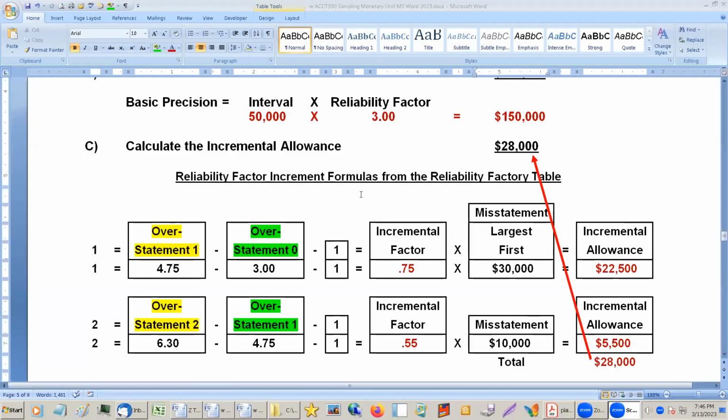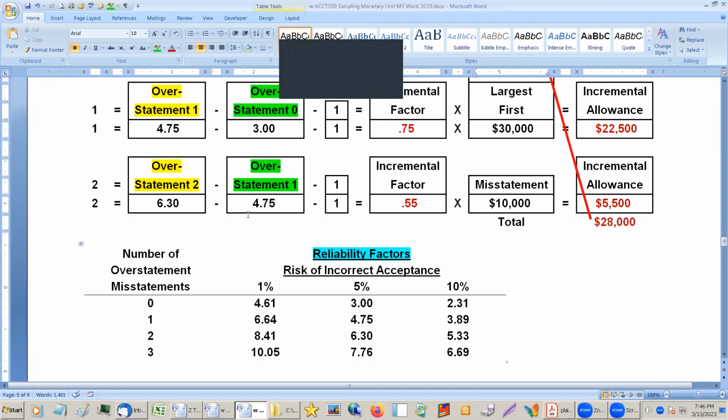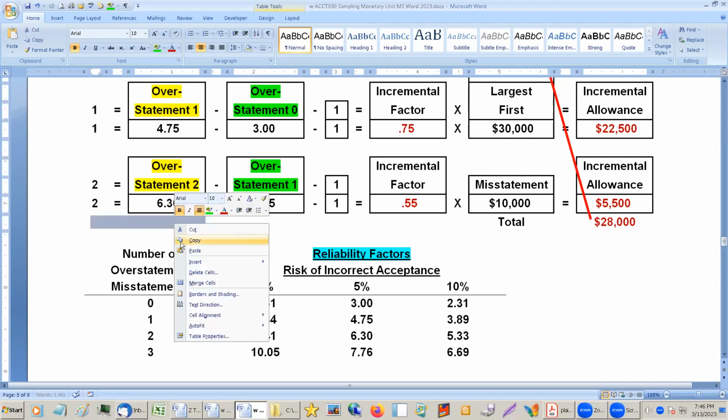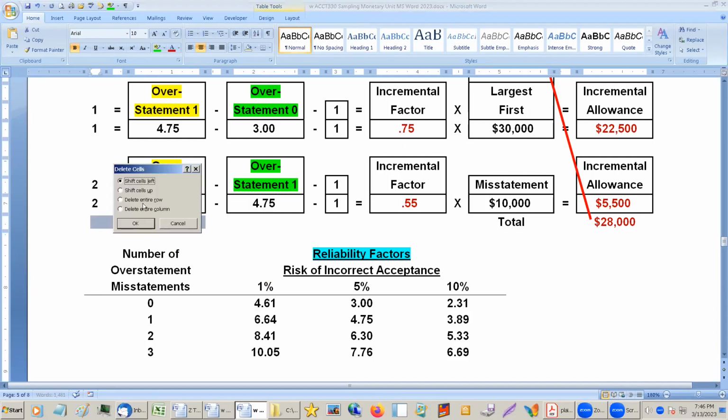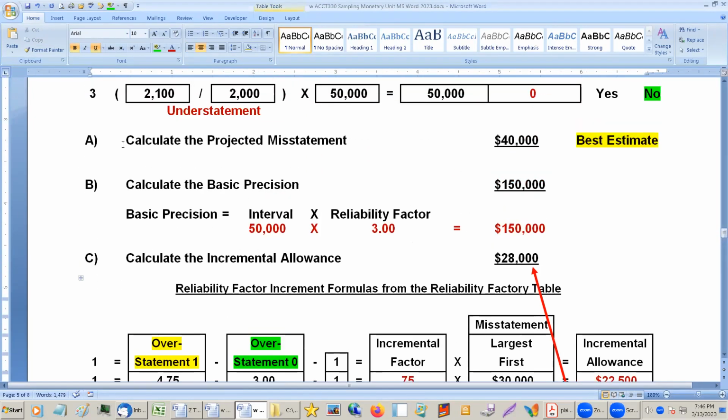So I am going to need a little more room here. Okay, so I'm going to copy this down.